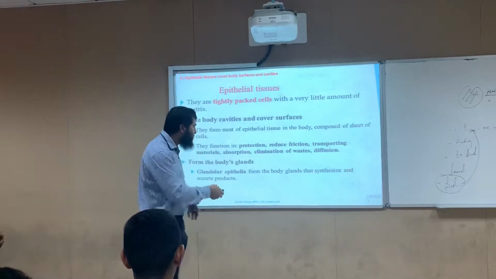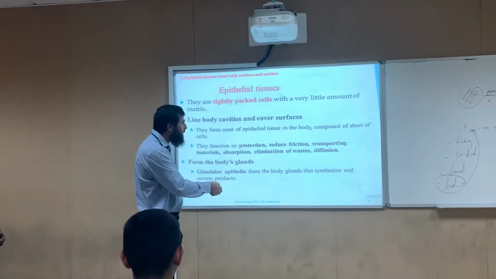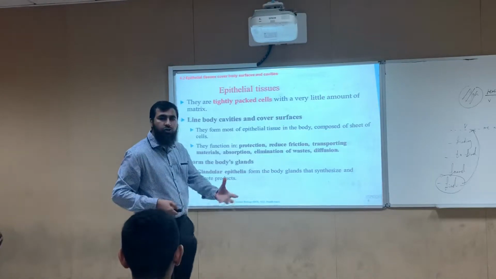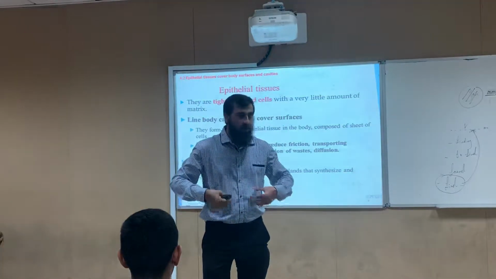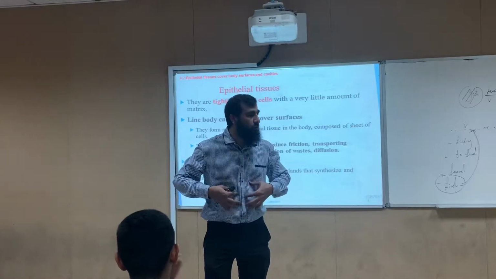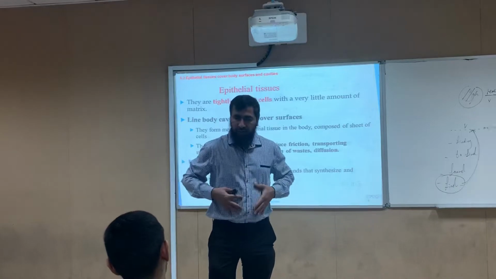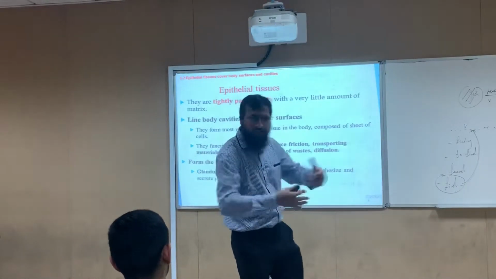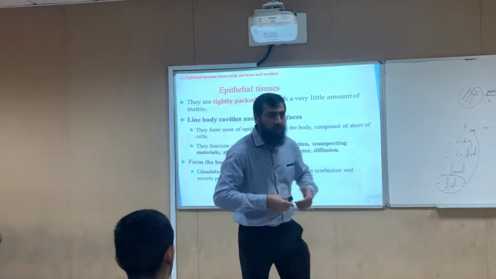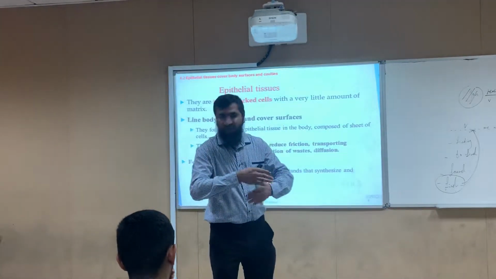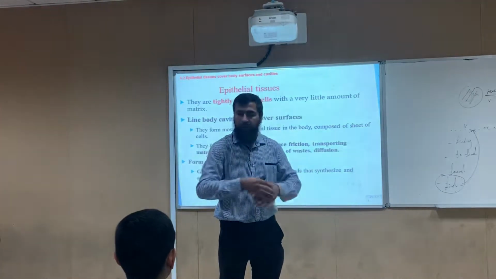So sometimes epithelial tissue produces lubricants. Your internal organs are sitting inside the cavity, the abdominal cavity. When you're moving, they're touching each other all the time. If they didn't have lubricant between them, you'd get irritation and abrasion between them.